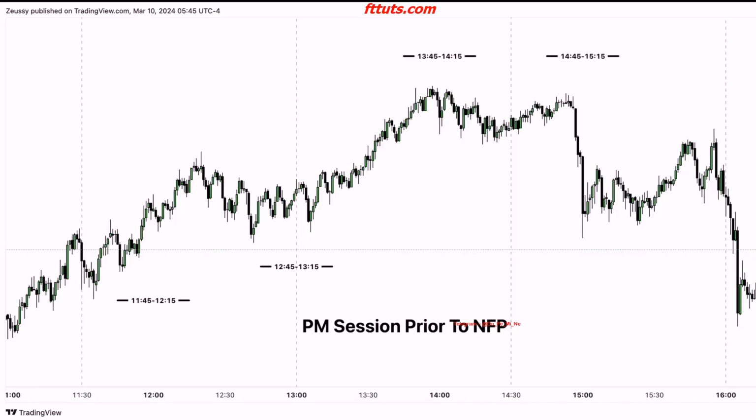This was the PM session prior to NFP, so this is exactly the delivery that could have been anticipated. What we can see is that even though during the 11:45 to 12:15 time window the market trades higher, it's very messy. There's a lot of back and forth going up, sideways, up, sideways, up, sideways.